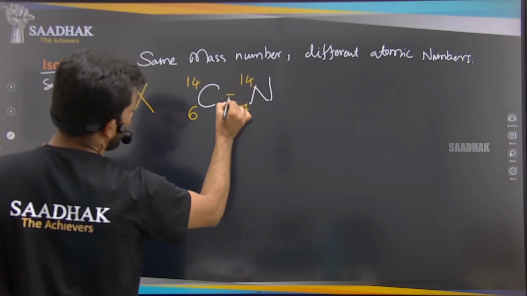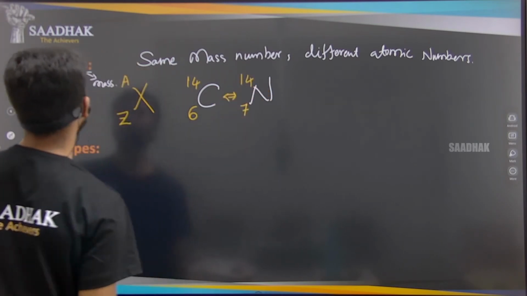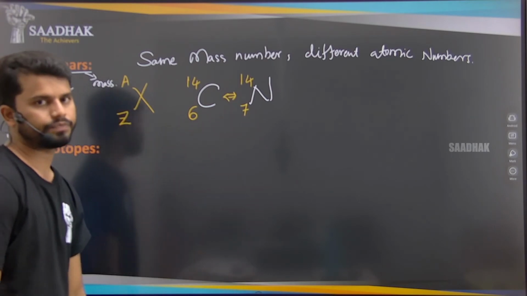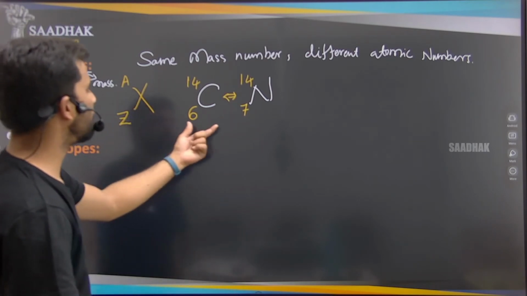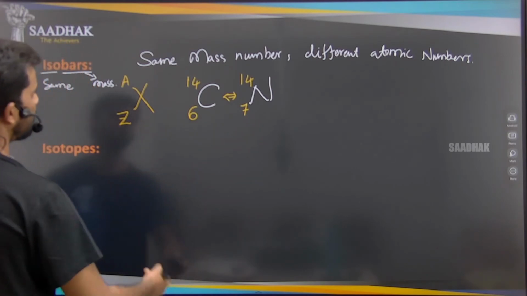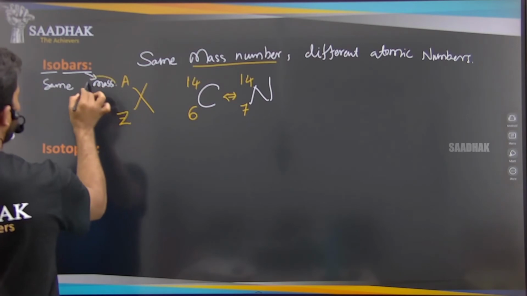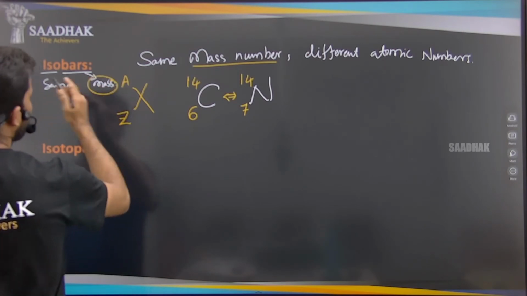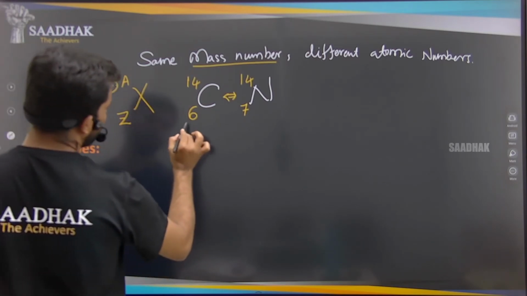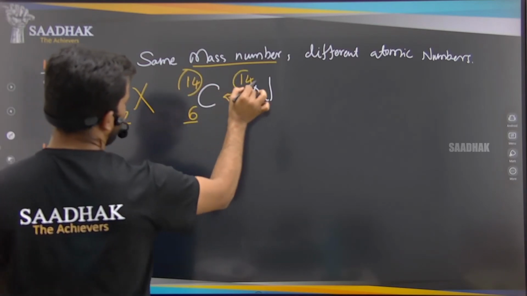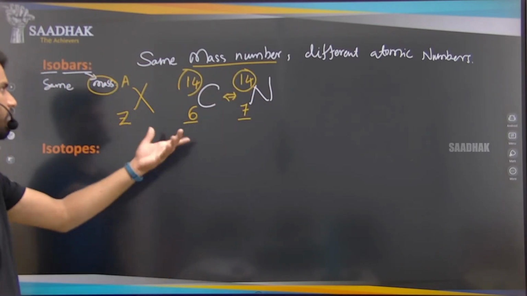So these two are called isobars. This is one example of isobars: same mass number. Bar means mass, iso means same. Simple thing. The atomic numbers are different, the masses are equal.